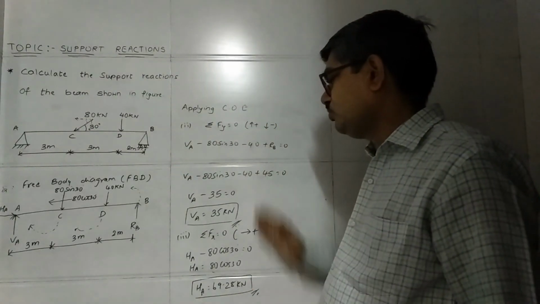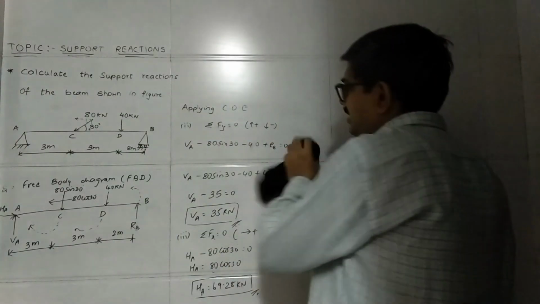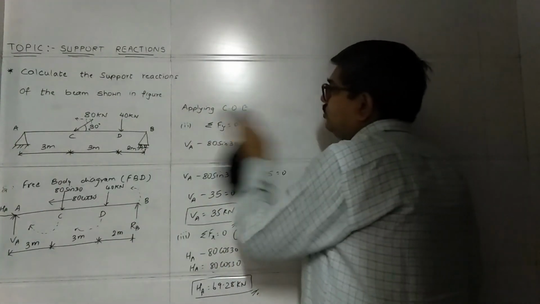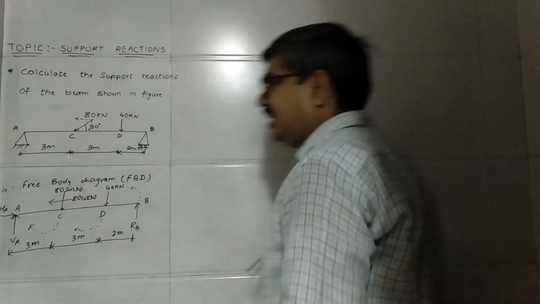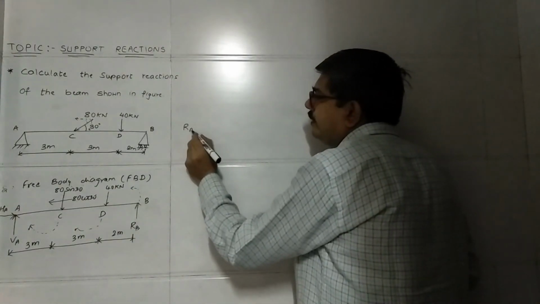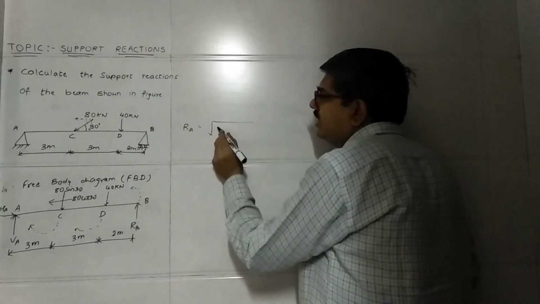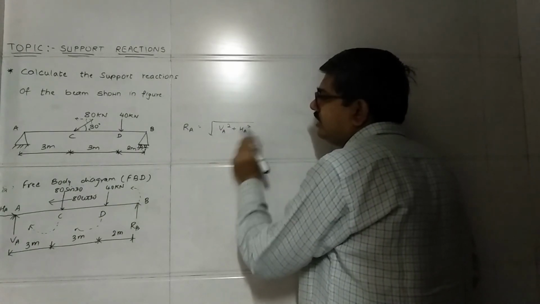Since these two are the reaction components, if you want to find the resultant reaction, that is RA, let us see how to find RA. The formula is square root of VA square plus HA square.